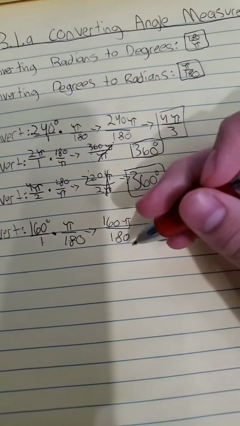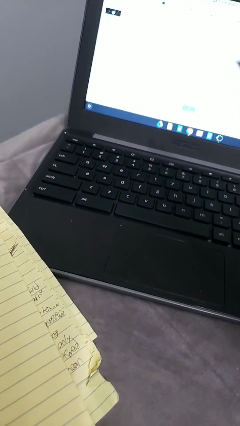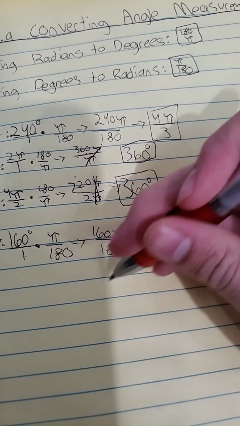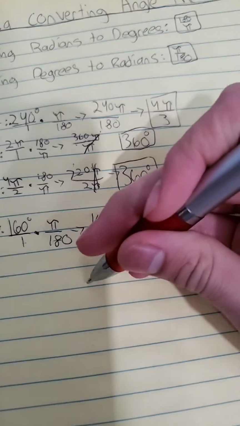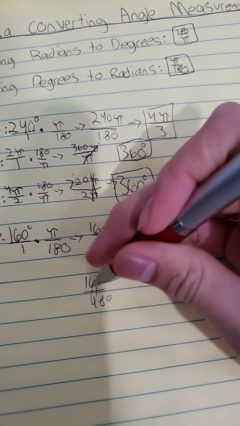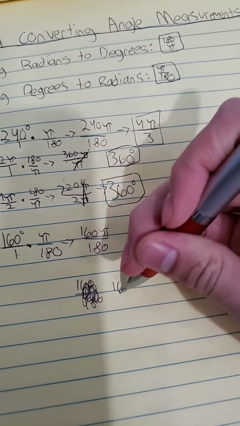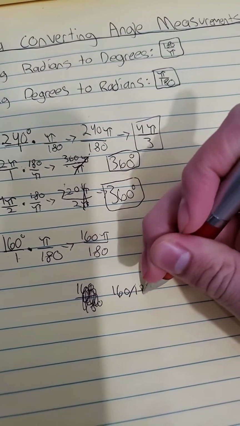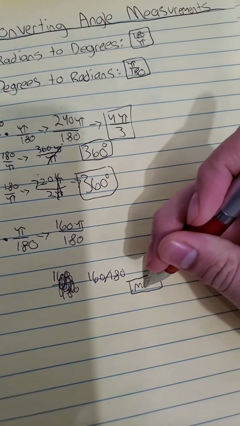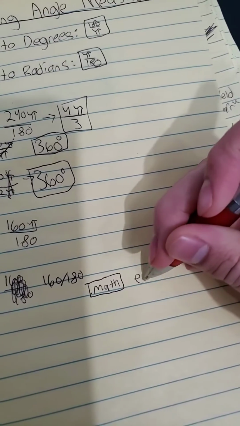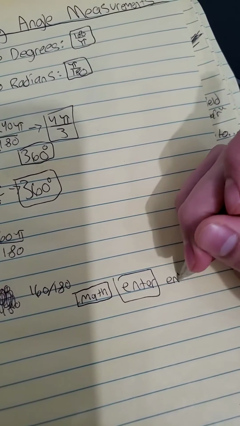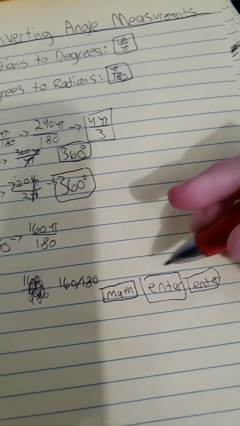Now, in your calculator, I'm doing this off screen on my computer, but what you can do is put in 160 divided by 180, then the math button, then enter, and you should get your answer.